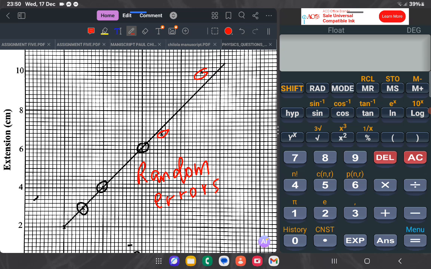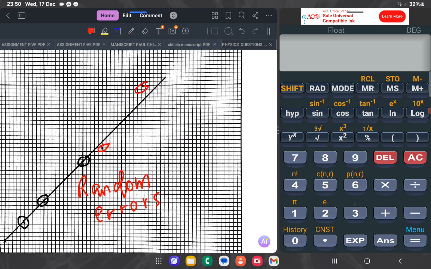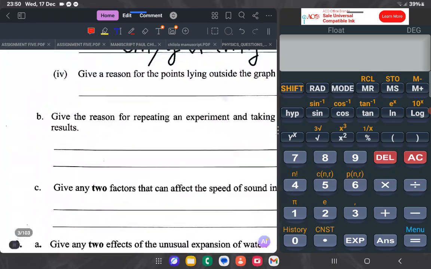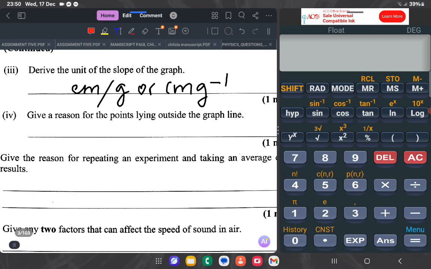So go back to the questions. We are asked to give a reason for the points lying outside the graph line. Here we just have to say this is due to random errors in an experiment.